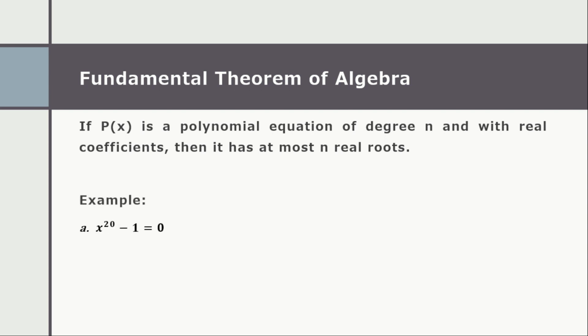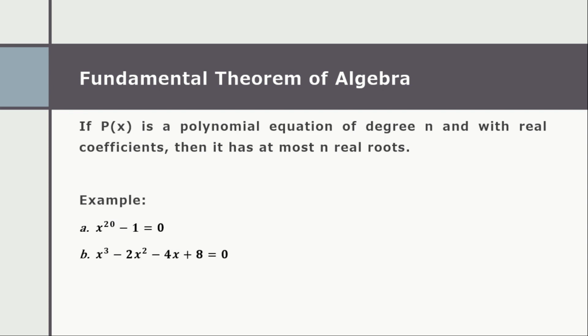For example, x raised to 20 minus 1 equals 0. The degree of the equation is 20. Therefore, at most, we have 20 real roots.